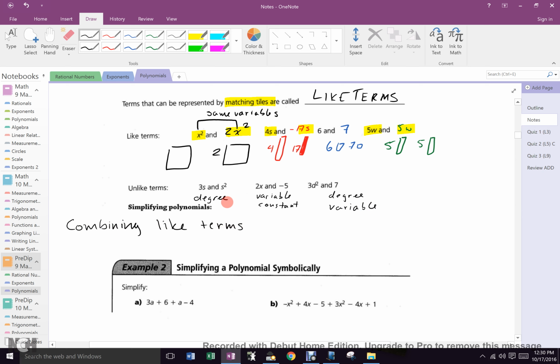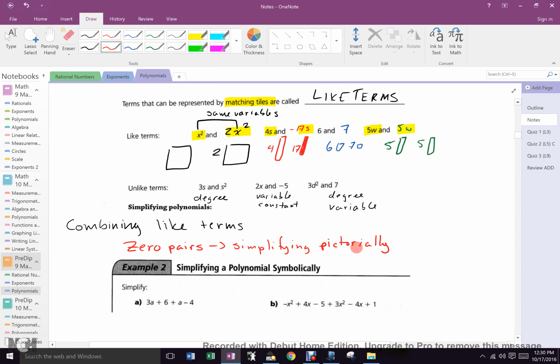Now, what we just did, zero pairs, is an example of simplifying pictorially. Now, if I actually gave you little algebra tiles to play with, then we would say we were simplifying concretely. And we will be playing with algebra tiles soon, but not today.